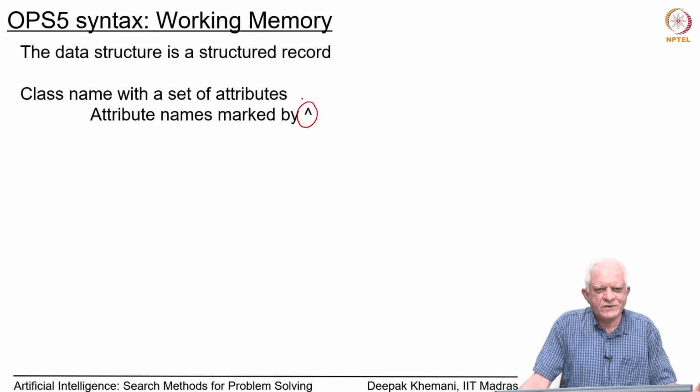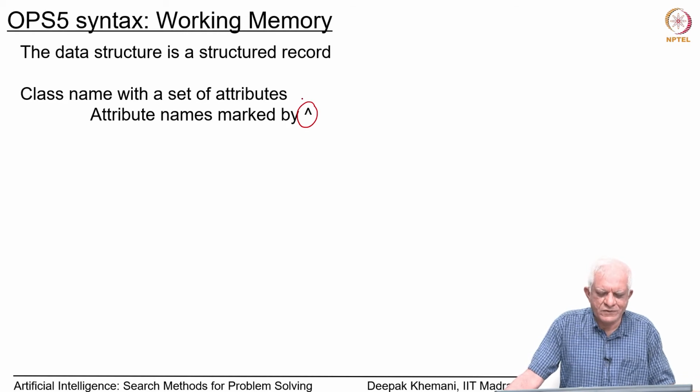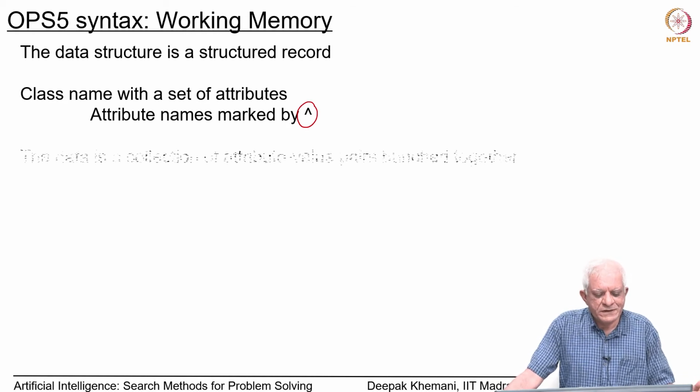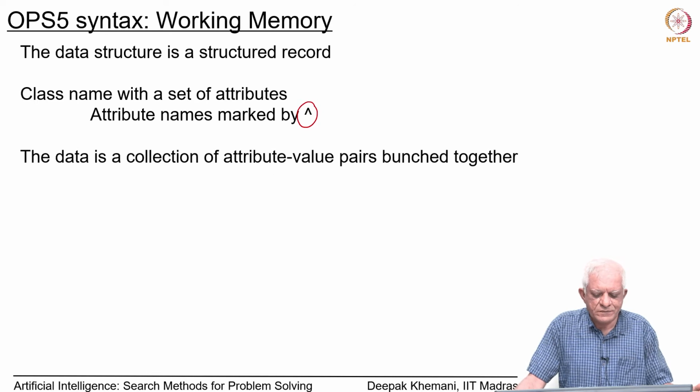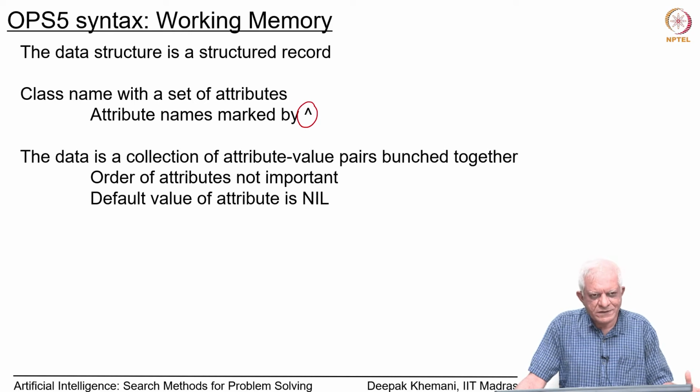So, the data structure was a structure which had a class name followed by attributes, and of course, the attributes had to have values, which is what made it data. The data is a bunch of attribute value pairs bunched together in one class name.